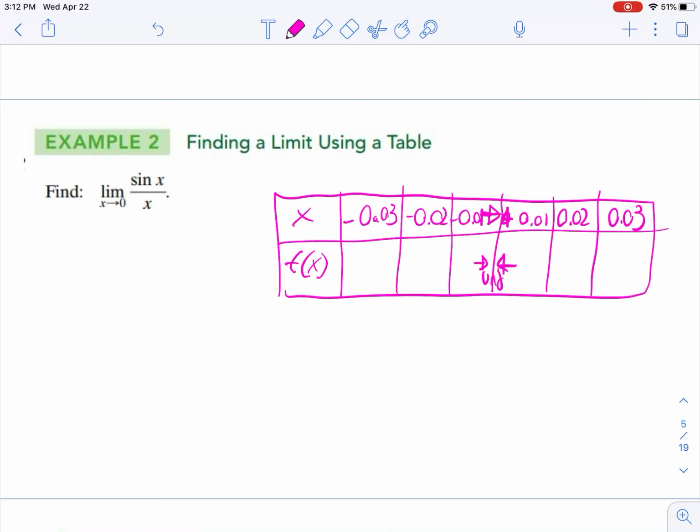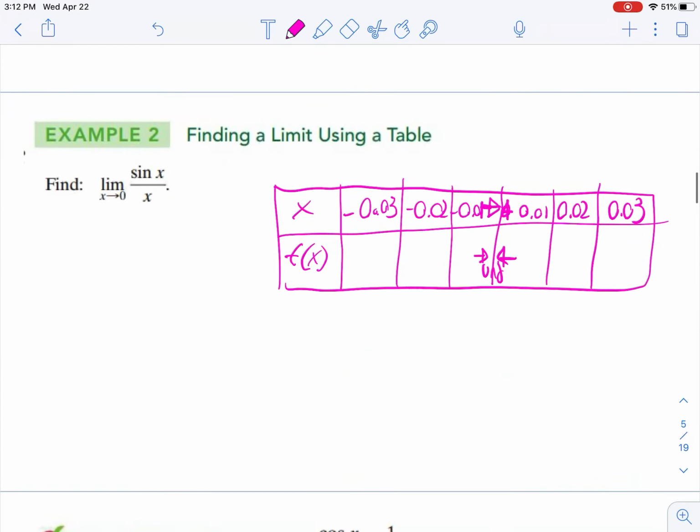So we're going to get out your calculators. If you plug in negative 0.03, you're going to get 0.99985. Then you're going to get 0.99993. Then you're going to get 0.99998.